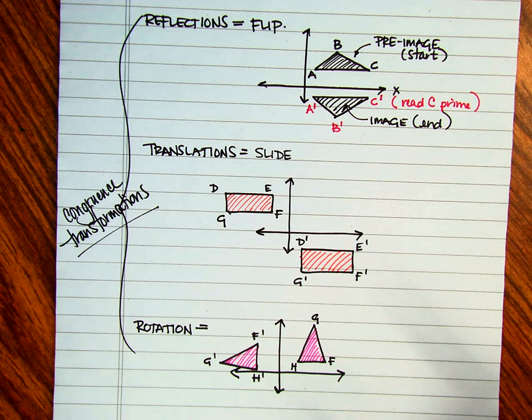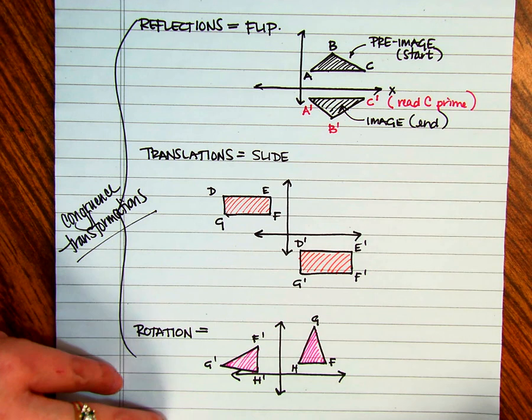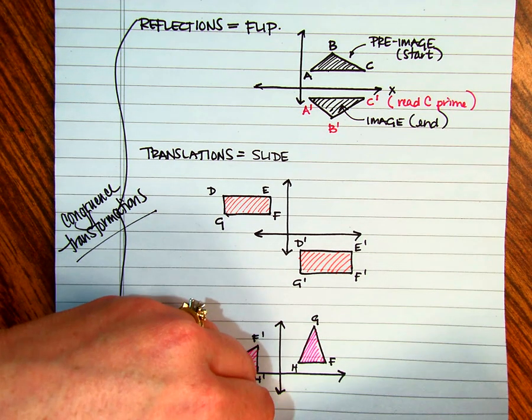They are congruent. The sides stay the same length and the angles stay the same measure. Okay, so those are three of the transformations that we're going to talk about.